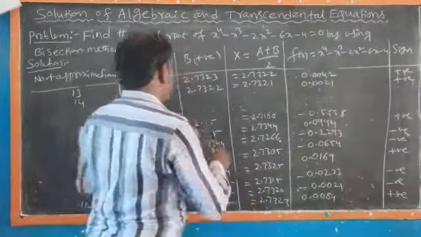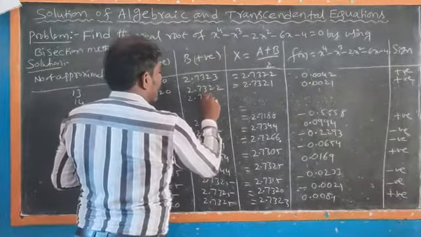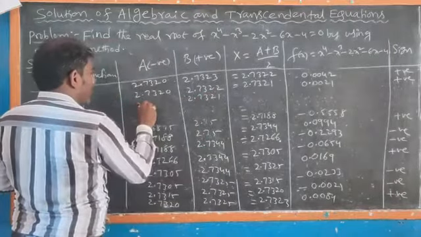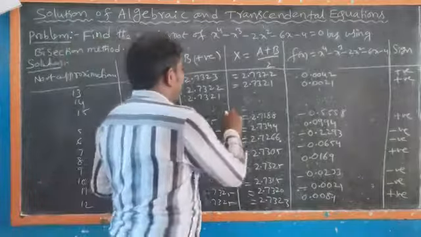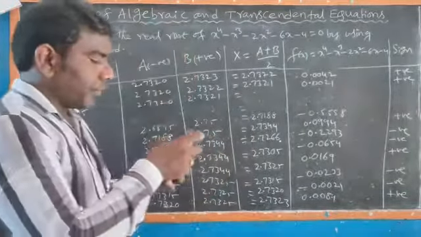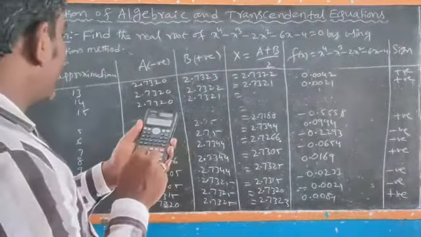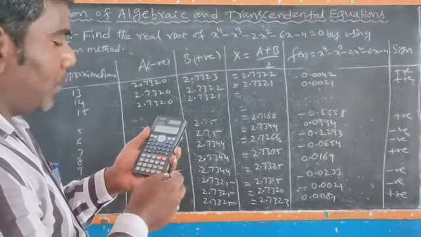So substitute x in positive: 2.7321, 2.7320. This is the 15th approximation.